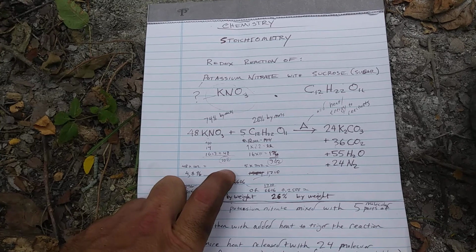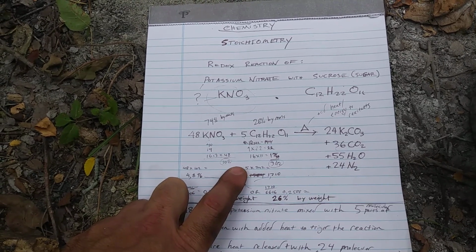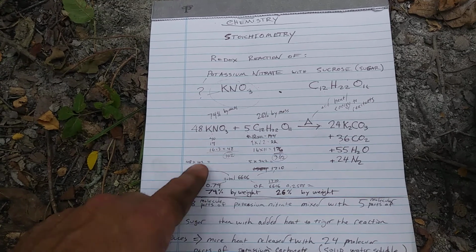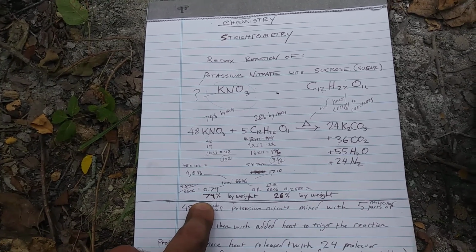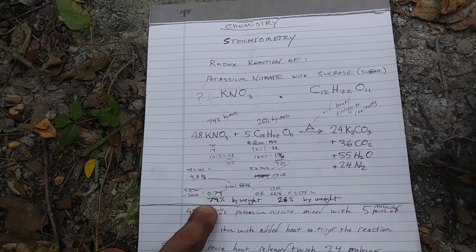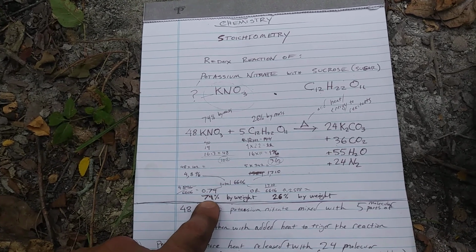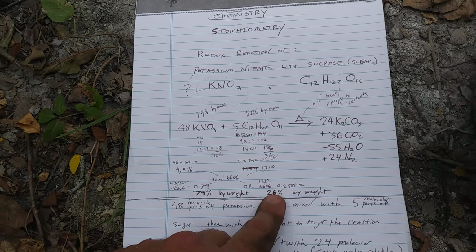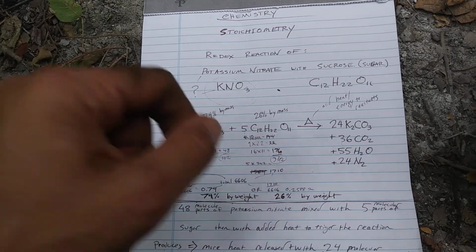And once you go through it, you can get a pretty good idea of, by using the math here, which I don't want to really get into that much detail, but it ends up being 74% by weight of this chemical plus 26% by weight of sugar.